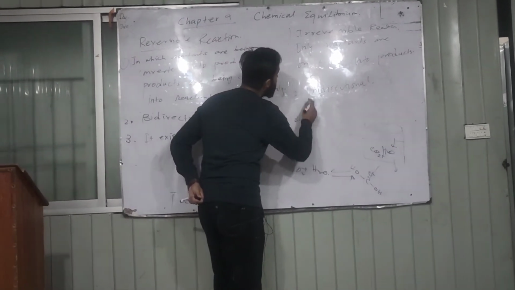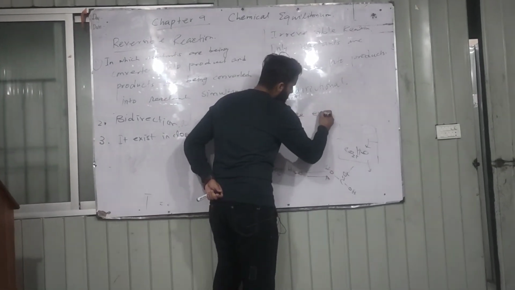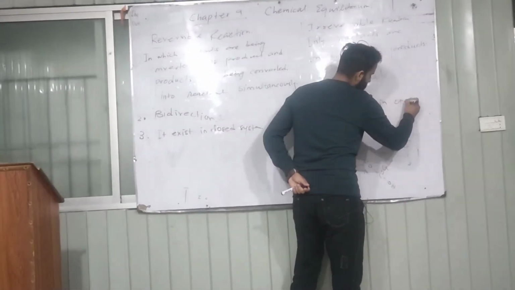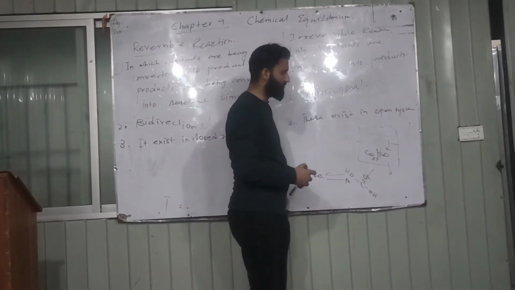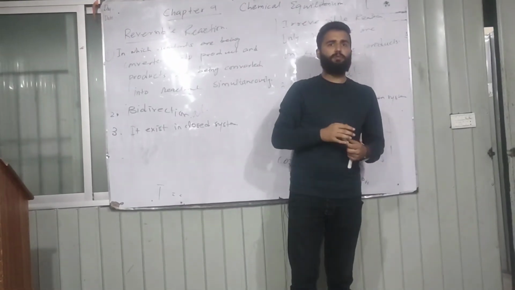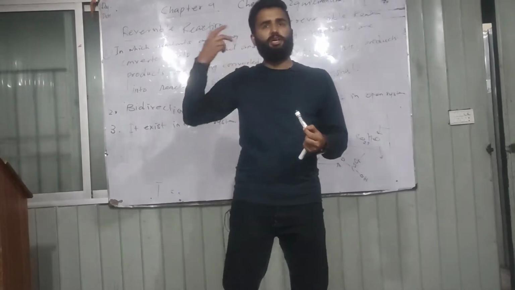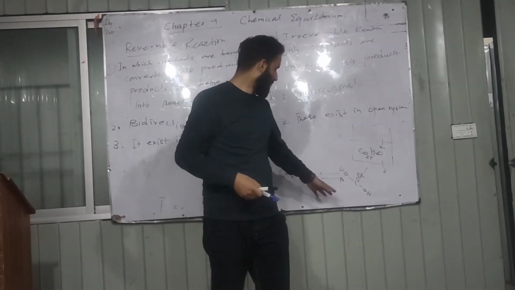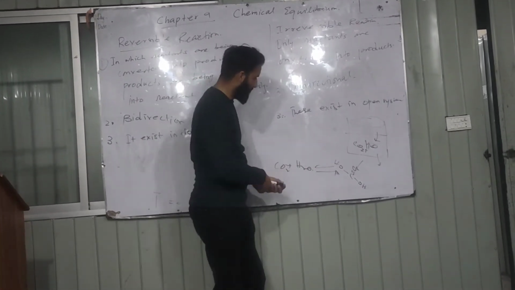Number 3: reversible reactions exist in a closed system, while irreversible reactions exist in an open system. If you just open the lid of a Pepsi bottle, what will happen? All the carbon dioxide will be emitted out, and there will be no reversible reaction left behind.